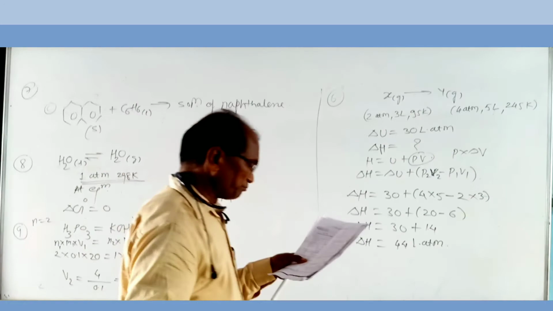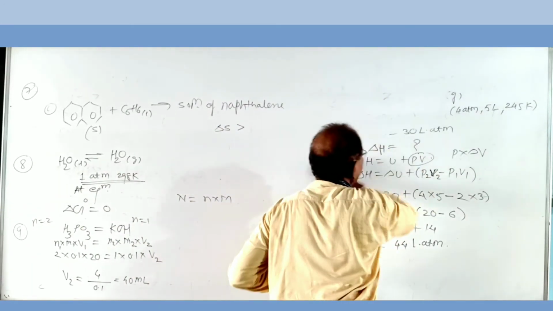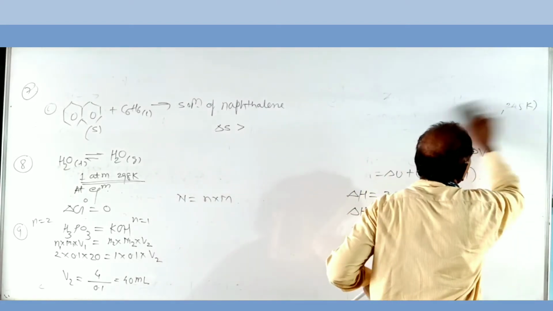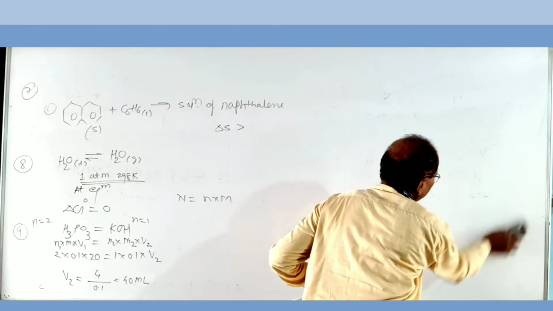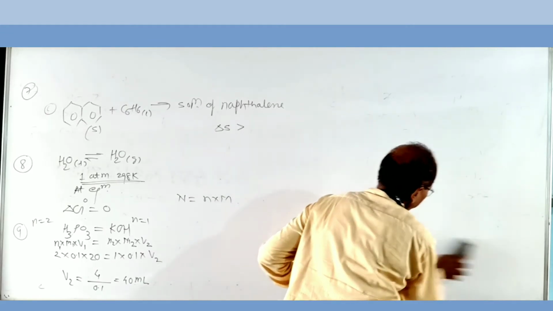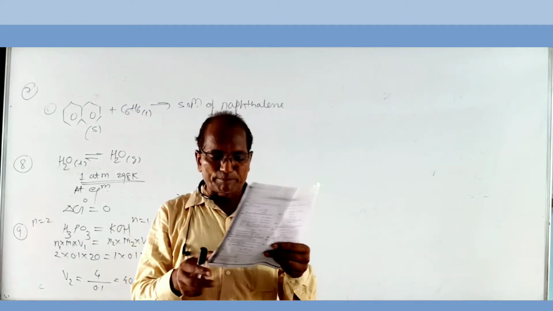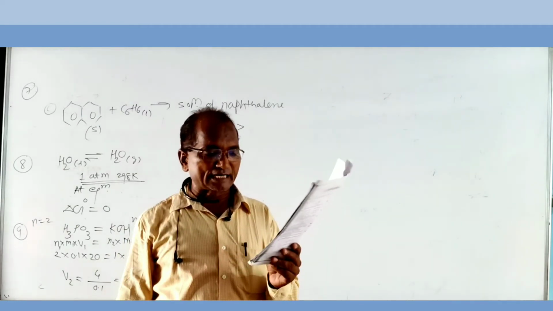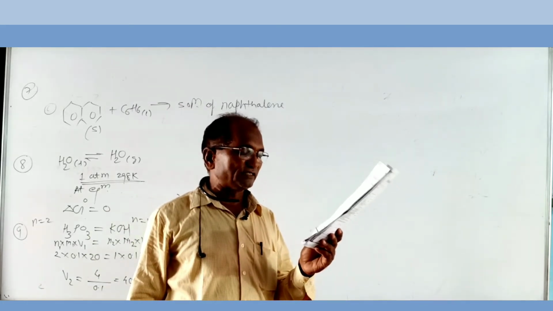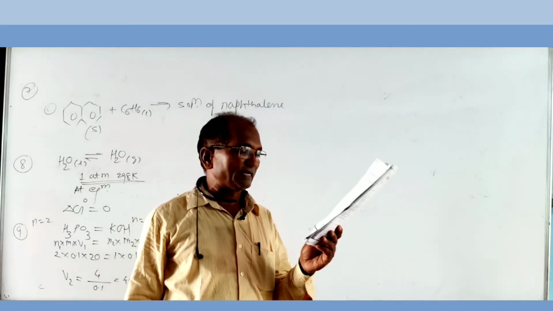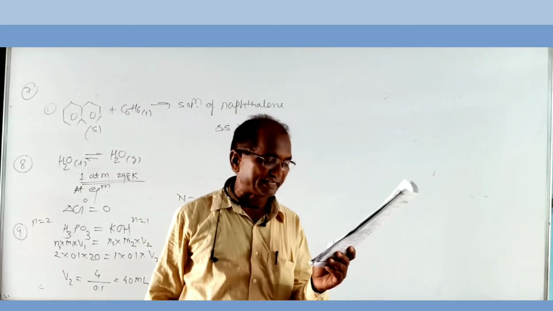Then MCQ number 10. The enthalpies of combustion of carbon and carbon monoxide are minus 393.5 and minus 283 kilojoule per mole respectively.